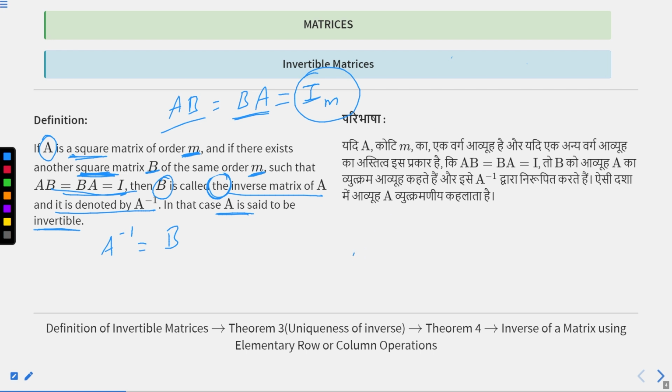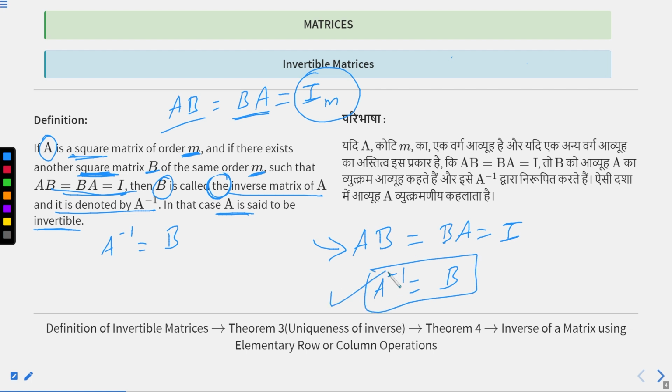So suppose you are given any matrix A, and if you are successful in finding such a B such that AB equals BA equals the identity matrix, then you say that first of all A is invertible and its inverse is B. Clear?